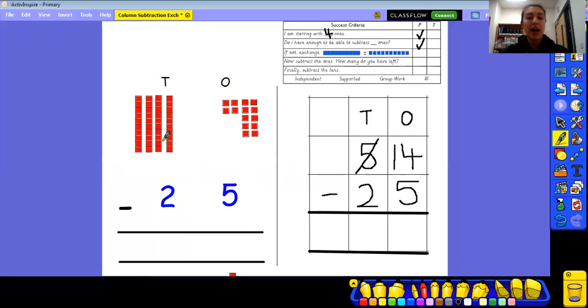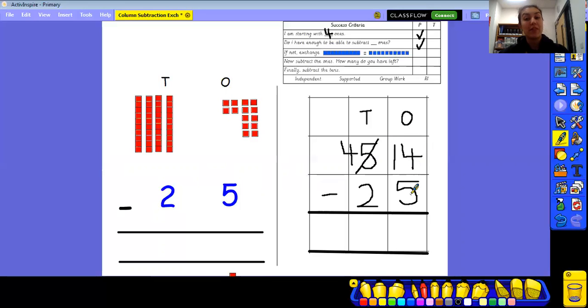If we have a look, I've only got 4 10s left. So I'm going to write that I've got 4 10s left. And what I can see is that instead of having 4 ones now, like I did at the beginning, I've now got 14 ones because I have 10 more than I started with. And over here, you can see that we've got 14 ones.